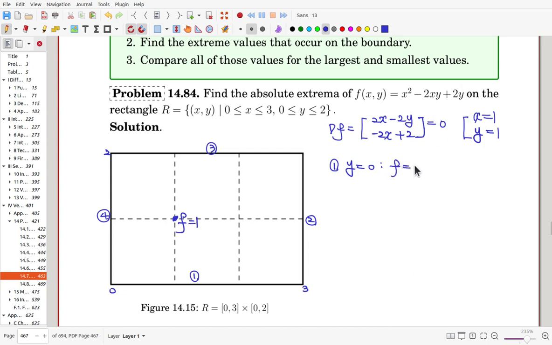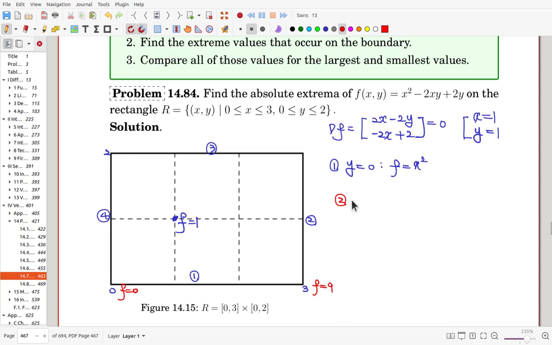Then f becomes x squared. That means there's no critical value along the line. The f value must be 0 here, and at the end x equals 3, so f must be 9.